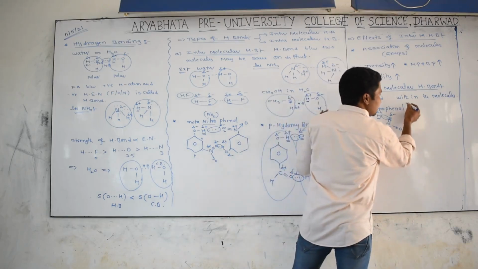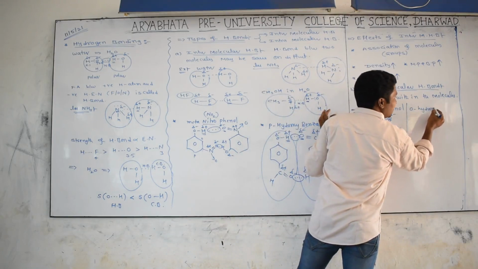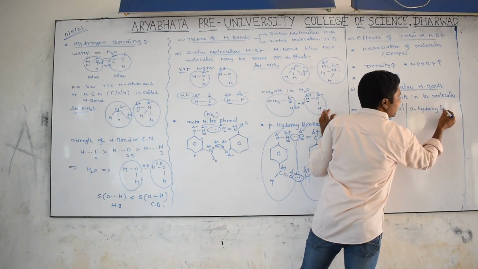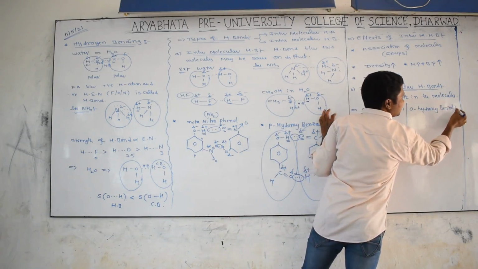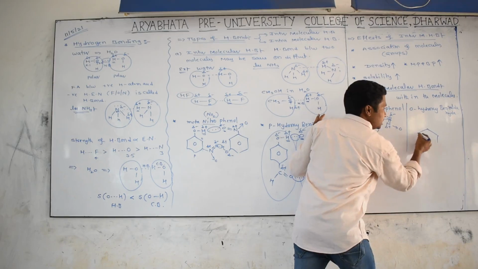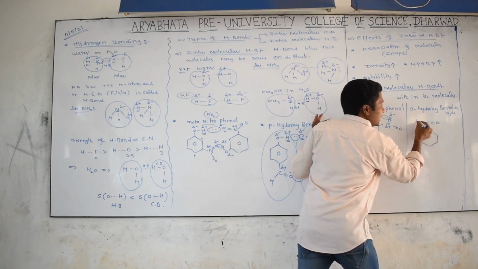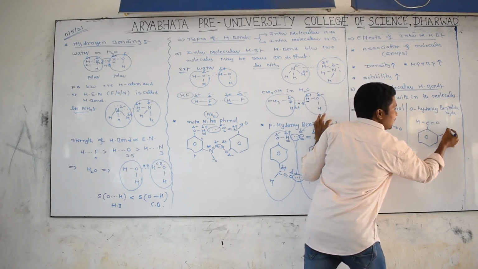I want to tell you some other examples. Orthohydroxybenzaldehyde. You take a benzene, and on it we get orthohydroxybenzaldehyde: C double bond O and H, and hydroxy OH.